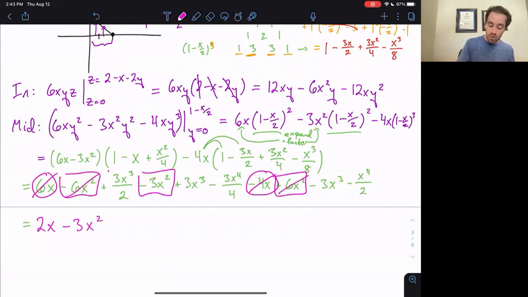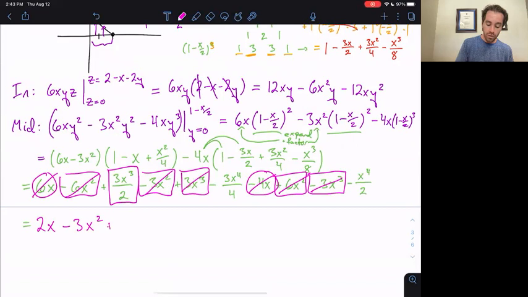Now for the cubes, plus 3 halves cubed plus 3, that's cubed. And there's one more cube. That's this one over here. Well, 3 minus 3 is 0. So in fact, these two go away. And the result for the cubes is 3x cubed over 2.